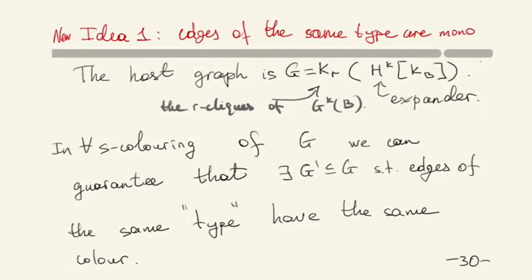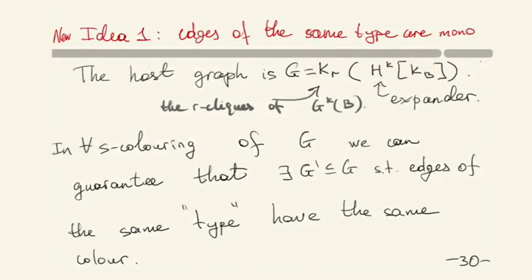Just like before, we are taking H, which is some expander. I take some power afterward, and then I blow it up by B vertices. And then I take all the R-cliques of this graph, which gives me some R-uniform hypergraph.